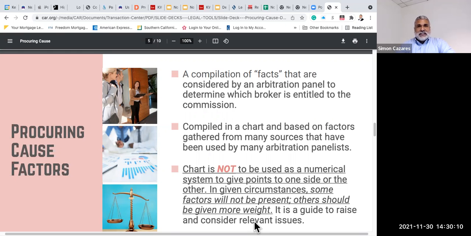Now, it's no different than going to a court hearing. You, as the agent or as the buyer, will have the burden of proof of why you're entitled to a procuring cost or a commission. So it's a beginning opening argument, and then it's what we call cross-examining, okay?